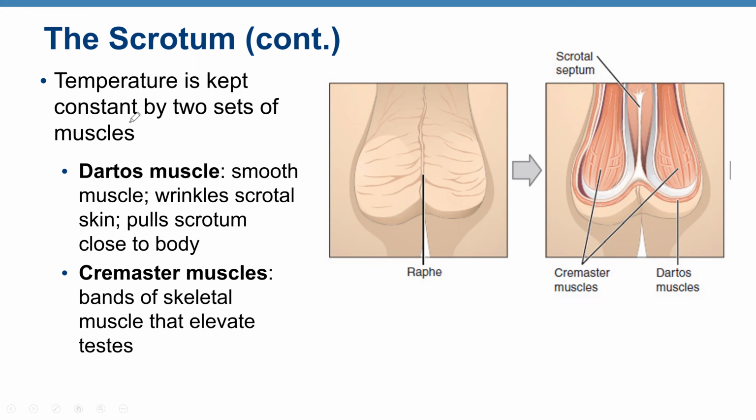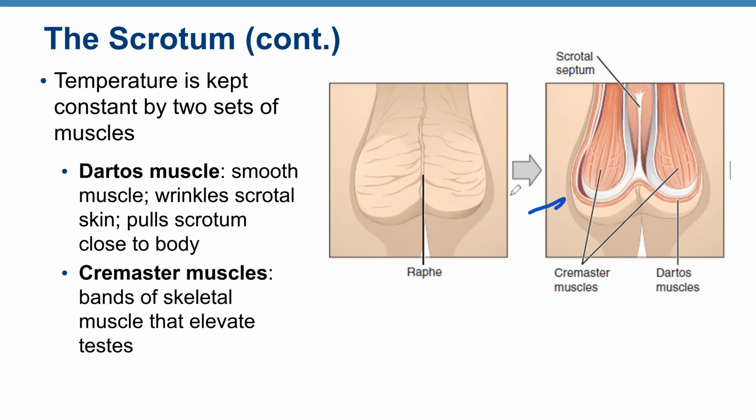So we just mentioned that we need a temperature 3 degrees Celsius below core body temperature for sperm production. Now, how do we regulate this temperature if the testes are outside of the body cavities? Well, we have 2 sets of muscles. The dartos muscle is a smooth muscle that wrinkles the scrotal skin and pulls the scrotum close to the body.